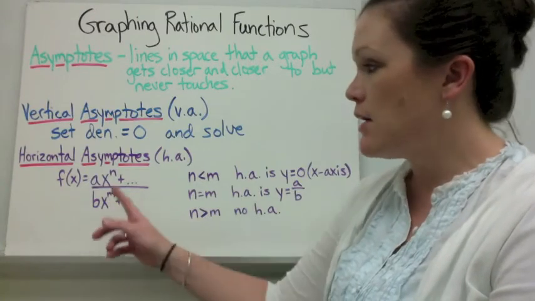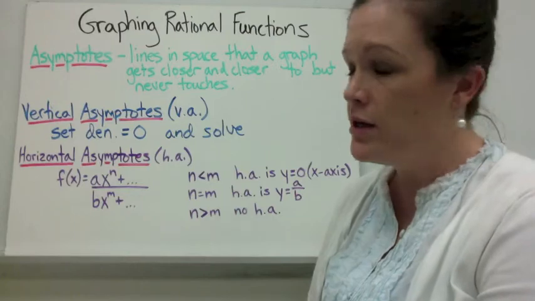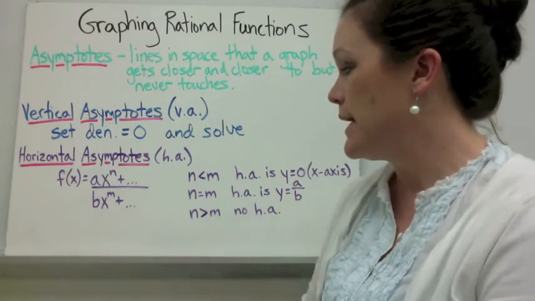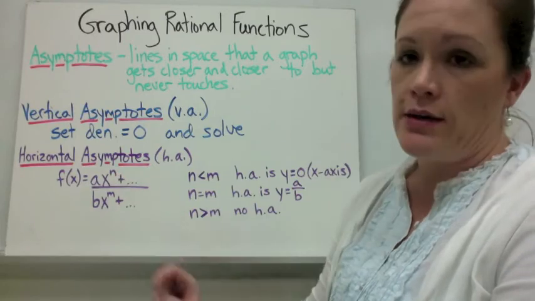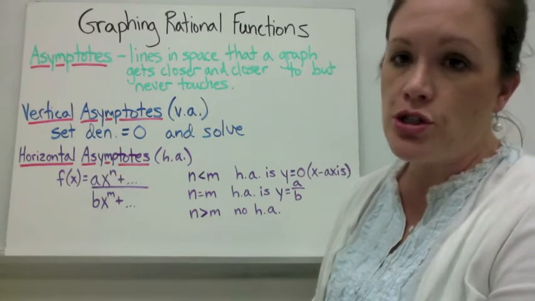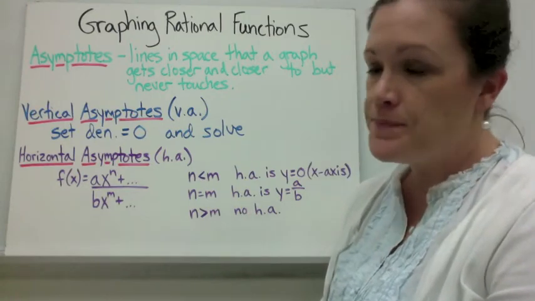A lot of times that would equal 1, because you may not have actual numbers other than 1 in the leading coefficient place. But we'll look at some examples. If n is greater than m, so if the degree in your numerator is larger than the degree in the denominator, we have no horizontal asymptote.